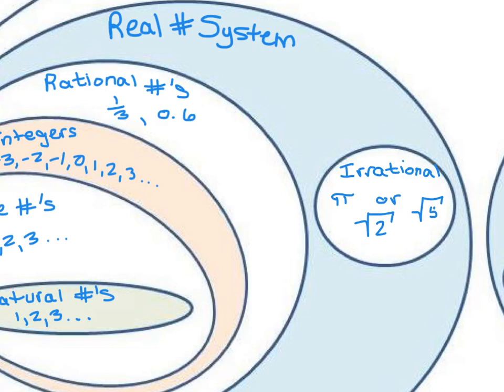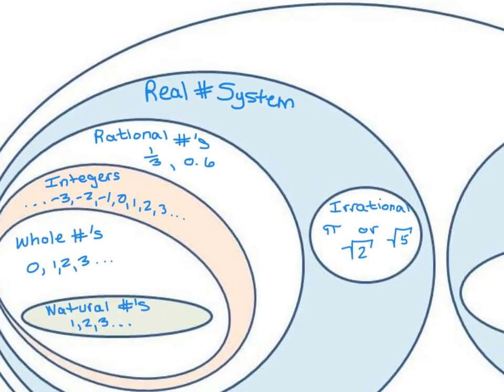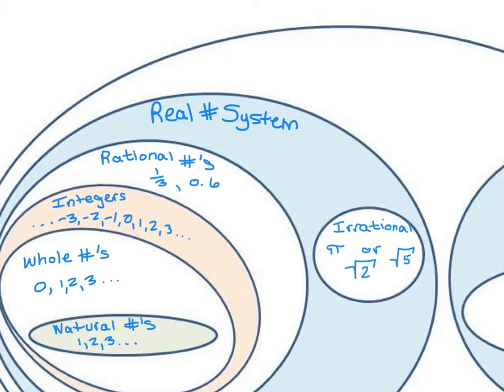If it's not a perfect square, that's going to be an irrational number and cannot be written as a fraction of integers. And when we combine the rational numbers with the irrational numbers, we get our real number system. So this is the universe of numbers that you've been knowledgeable on so far.